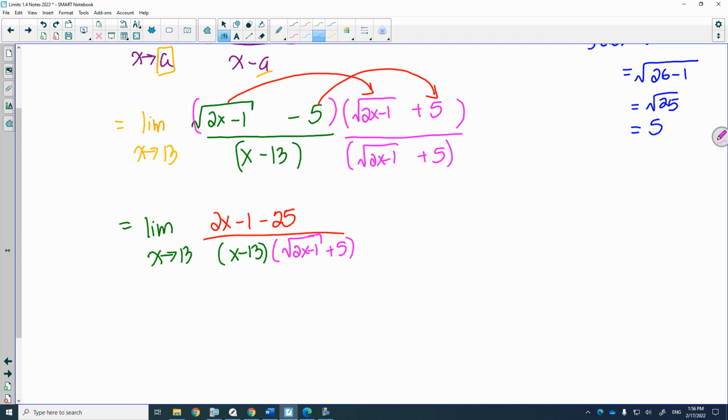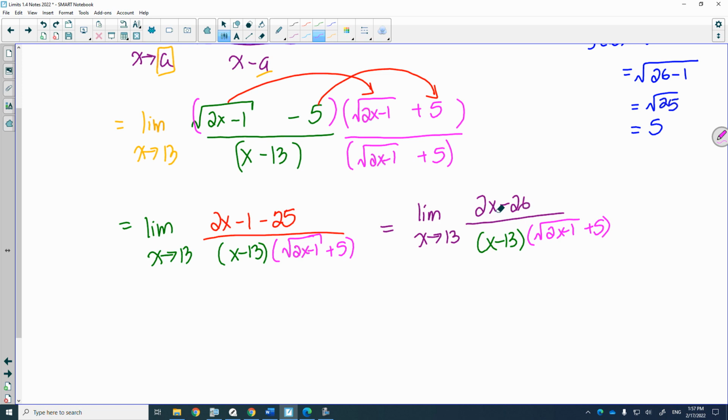Okay, let's rewrite this now. I could simplify the numerator. So the limit as x approaches 13, numerator would be 2x minus 26 all over x minus 13. And then this would be the square root of 2x minus 1 plus 5.